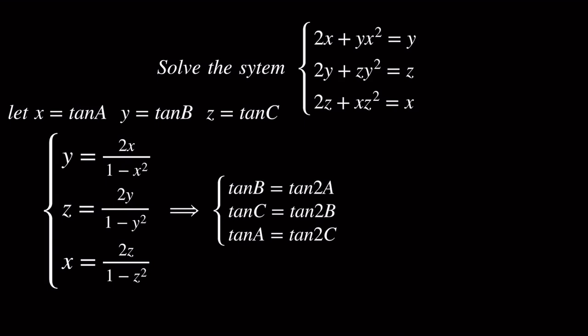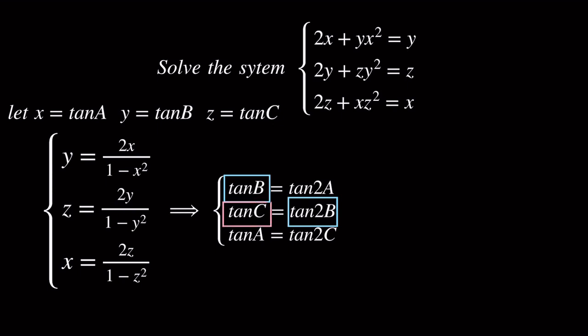Okay, so how do we proceed from here? Well, note that tan B appears on the first equation, but it also appears on the second equation. And if we can manipulate tan B to become tan 2B, we can write tan C on the first equation.